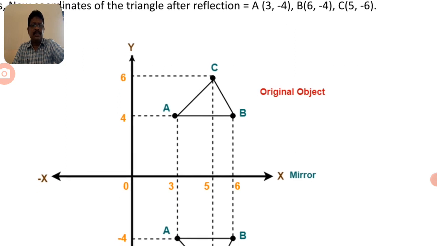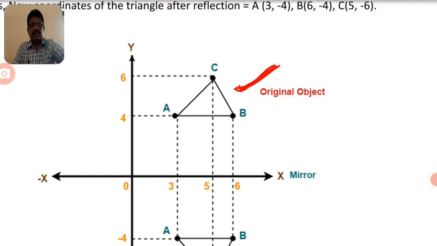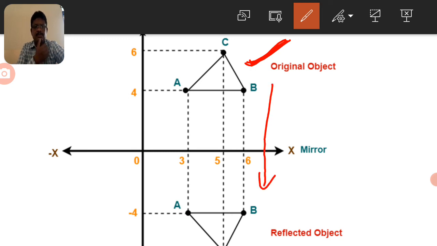Now we will go through this diagram clearly. This is the initial object for the given coordinates A, B, C, the original object. Now this will be reflected 180 degrees, as in the mirror concept. So you can see the opposite position of the object; simply the position is reversed.